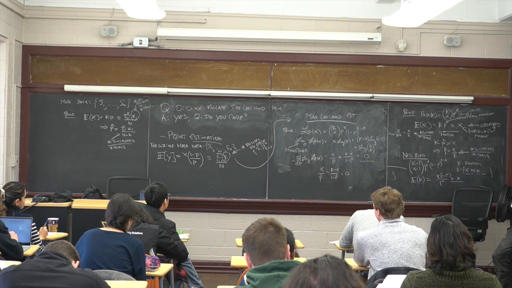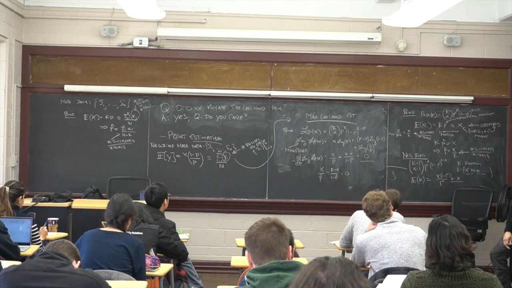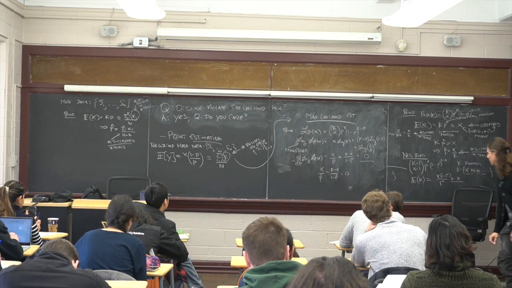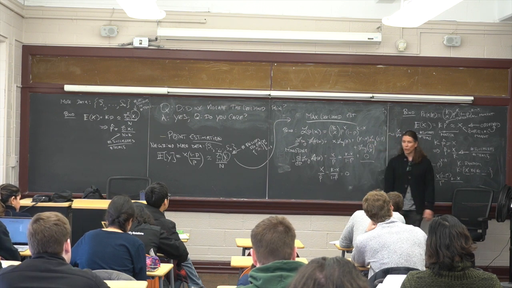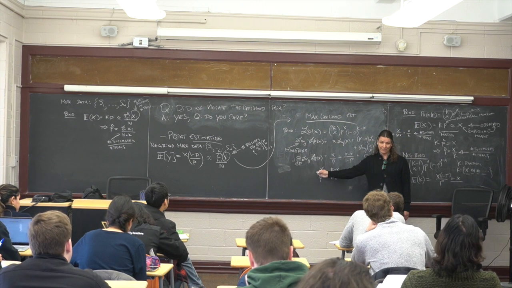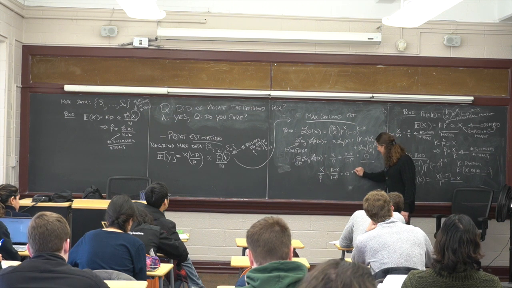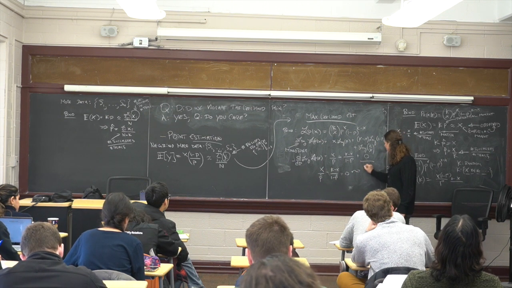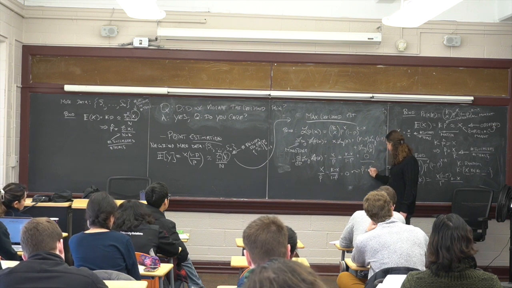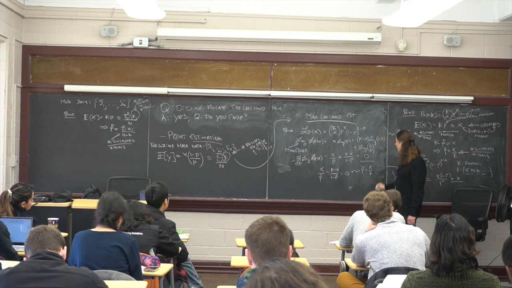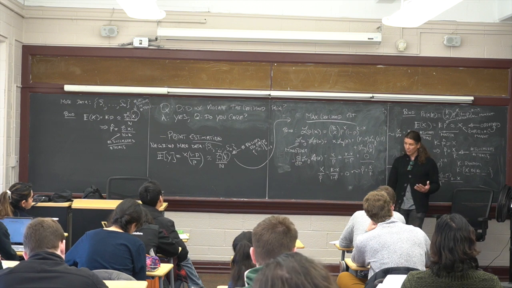As soon as I set it equal to 0, I've invoked an estimation technique. So at the end of the day, I can solve for P. We've already done exactly this, so I'll just write down the answer. P hat is equal to x over k, the number of successes over the number of trials.